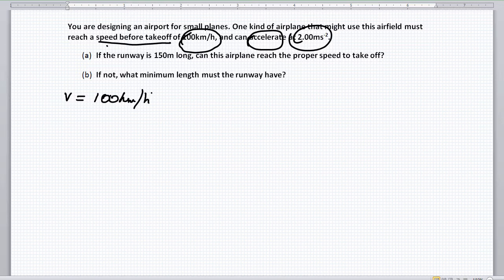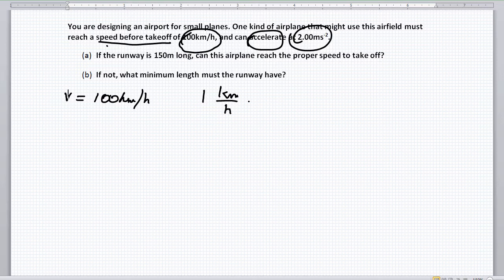kilometers per hour. Now the problem with that is that it's not in standard units. Does everybody know how to convert from kilometers per hour to meters per second? So let's have a look. 1 kilometer per hour.